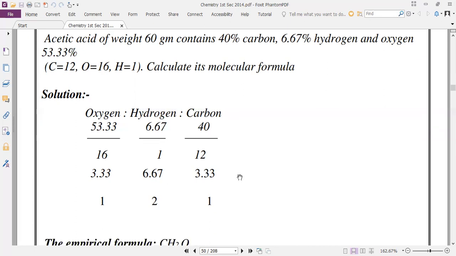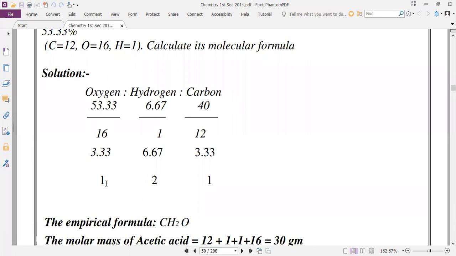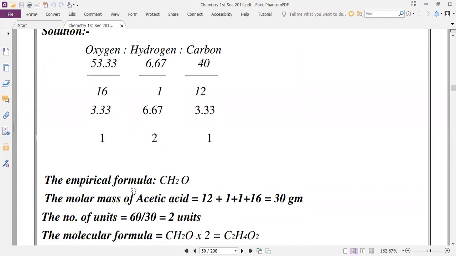So the ratio will be 1 oxygen atom to 2 hydrogen atoms to 1 carbon atom. Do these values need multiplication? No, because they are whole numbers, right? Yes.